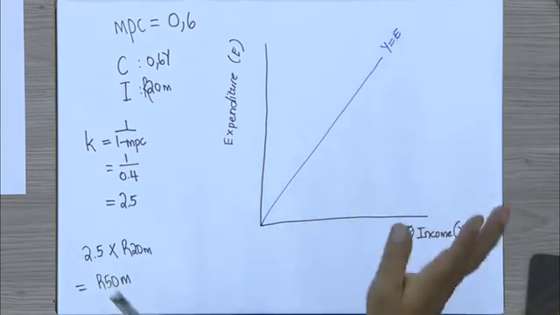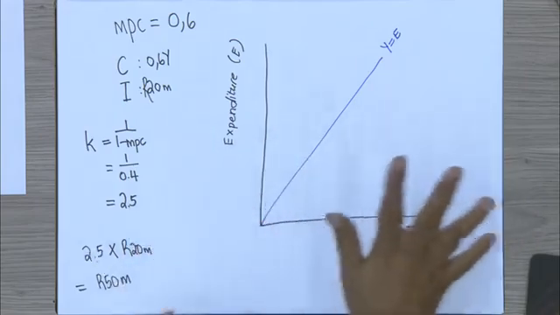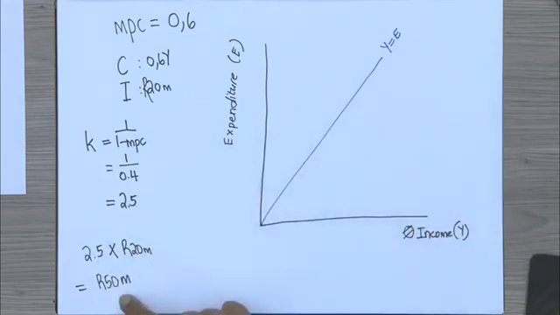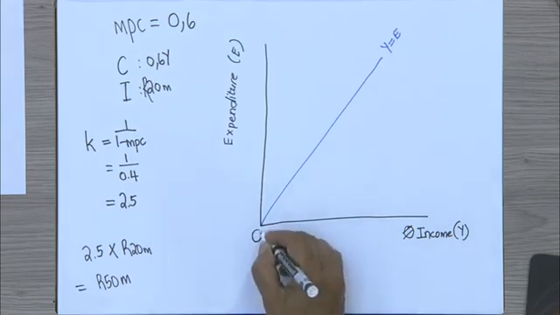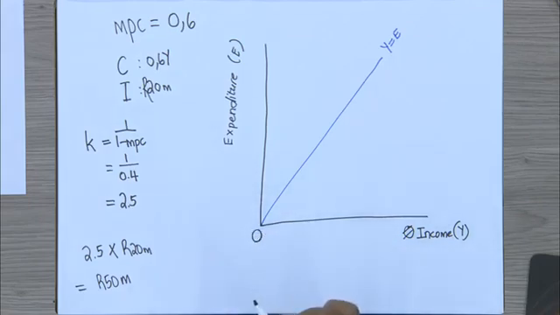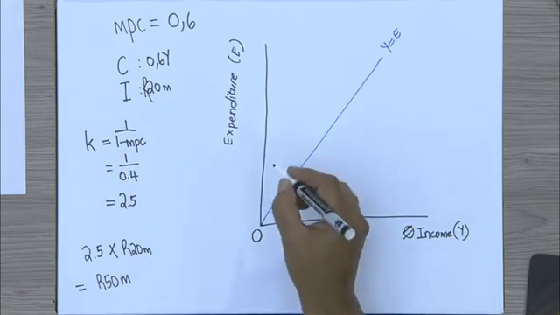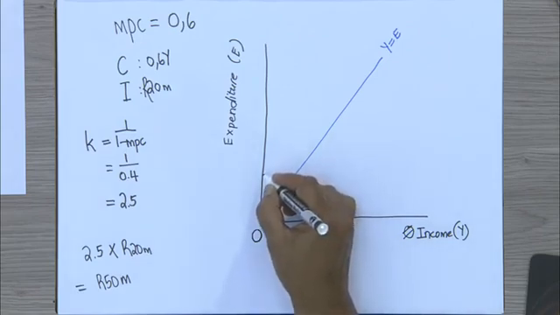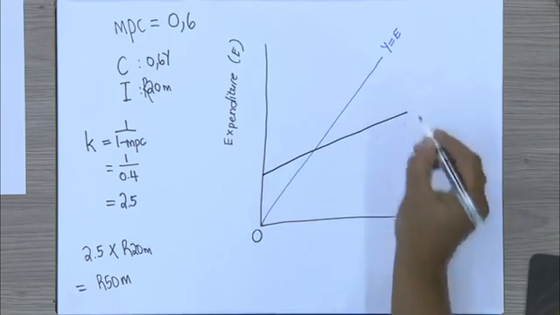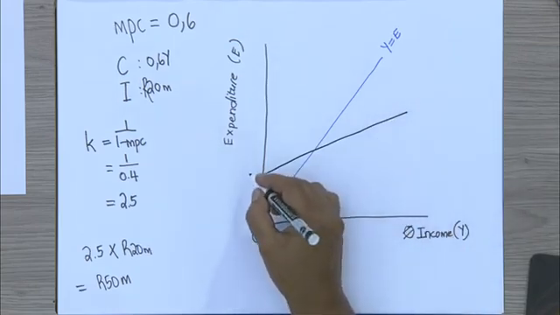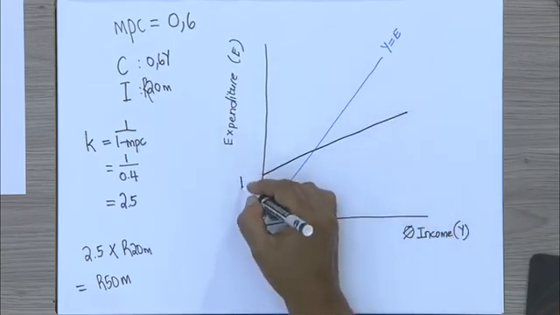Now, some students think that's it, I'm done, I must now just draw my equilibrium. No. You still have to first put in your consumption function line. Remember, this is 0. Our expenditure, as I said, can never be 0. So our expenditure starts, let's say, somewhere here, and they invested 20 million.